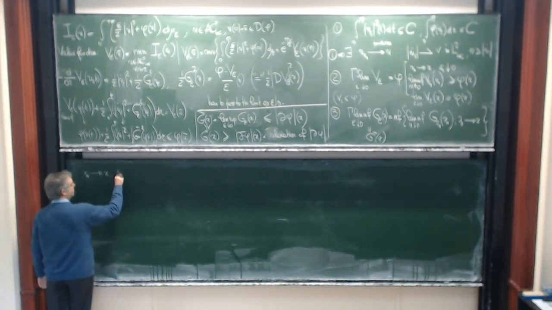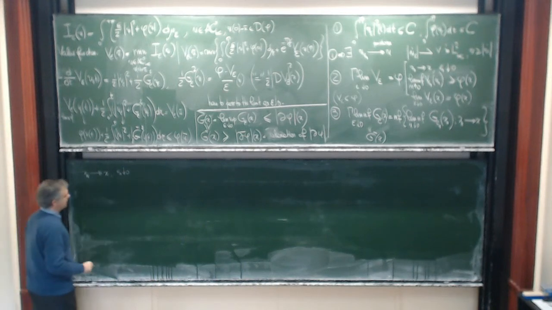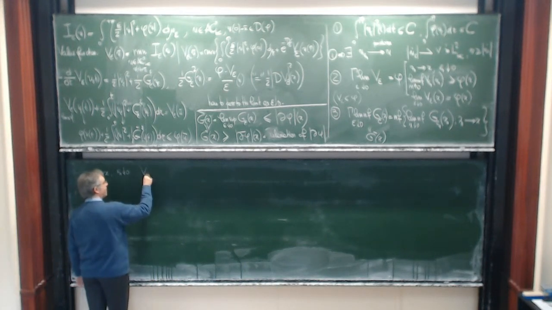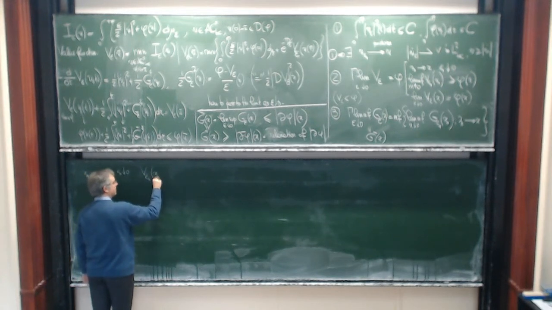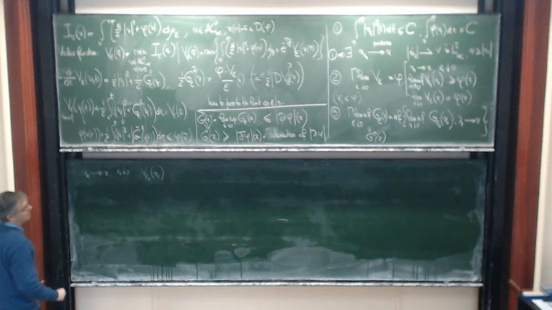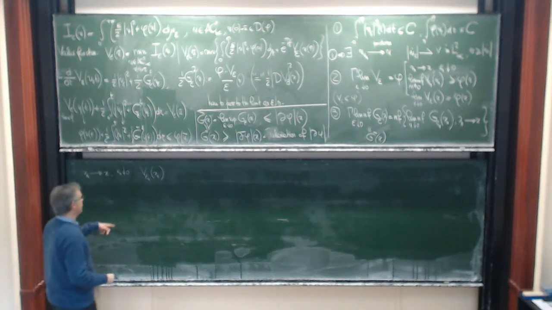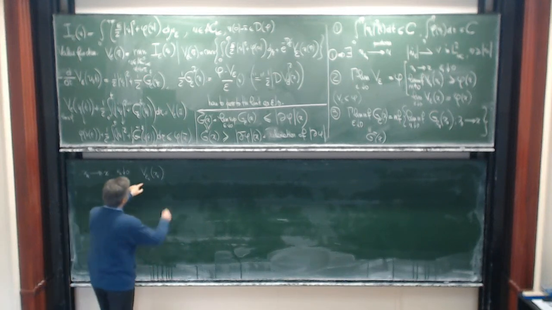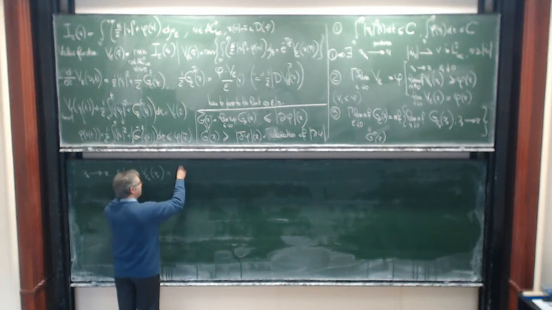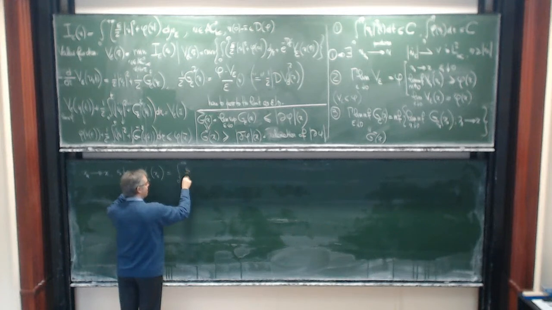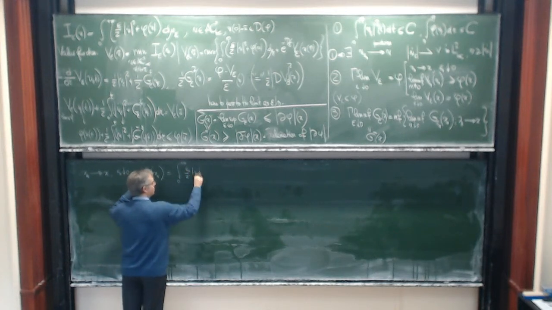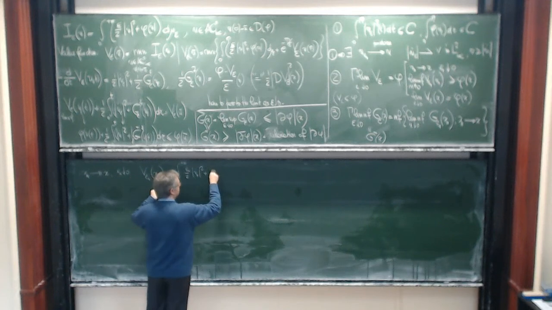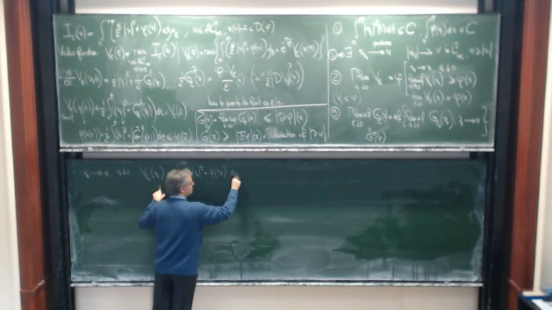So I start with this sequence of points xn converging to x. I fix epsilon n going to 0, and then I express my value function in xn. I may extract a subsequence such that this quantity converges exactly to the Lim-inf, and I express this value function by using exactly the minimizer, so epsilon n over 2 un dot square plus phi of un in the mu epsilon n.